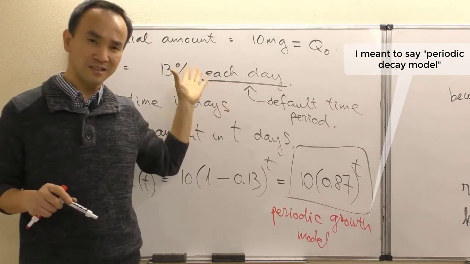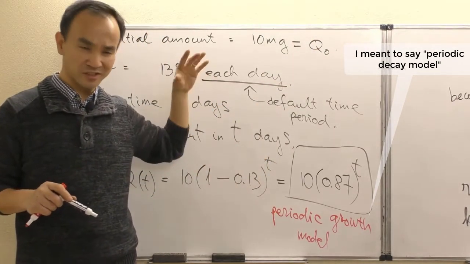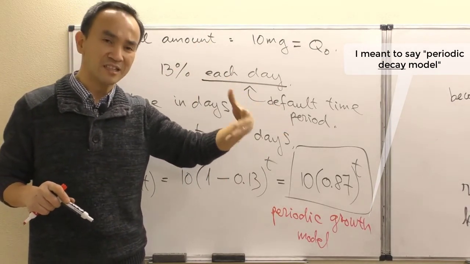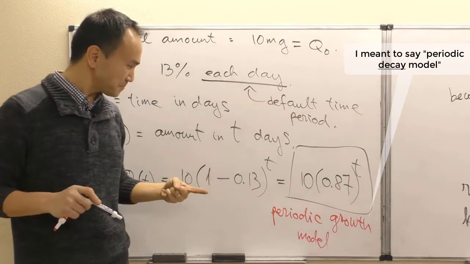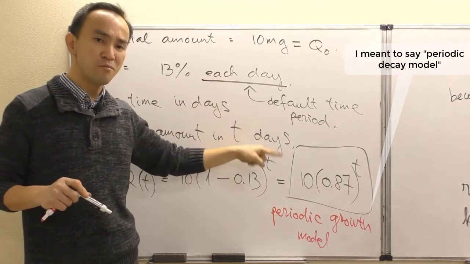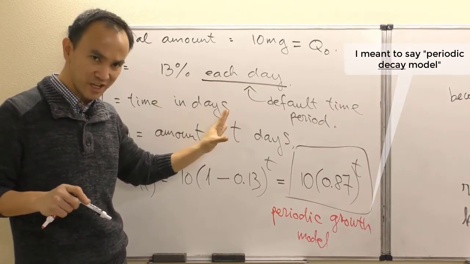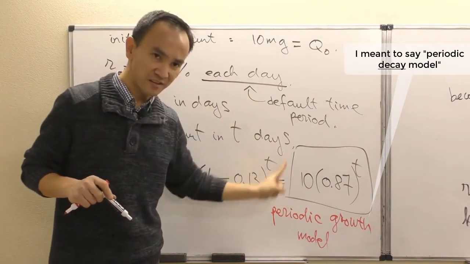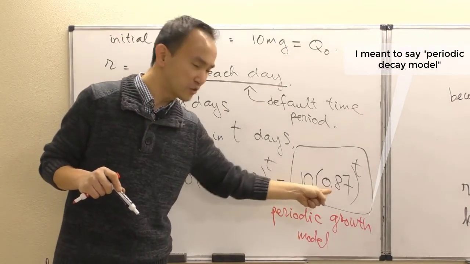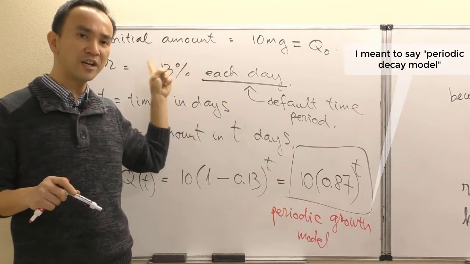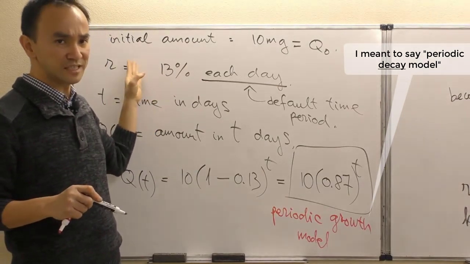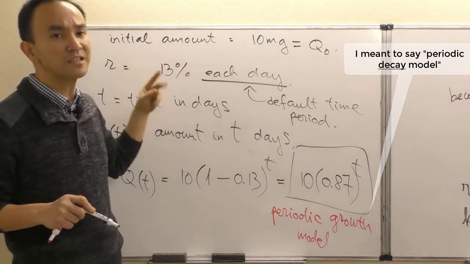But now it's a decay problem, so I have to explain that after explaining a natural growth process. So now we just know that this is a periodic growth rate, but the process is always continuous. The function here is called a periodic growth model simply because the rate used here is a periodic rate written right in the problem. This rate didn't come with the word continuous or the word relative.